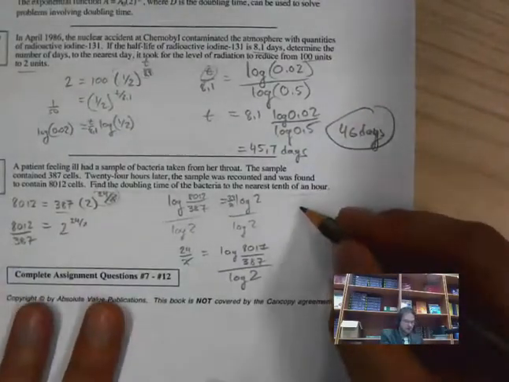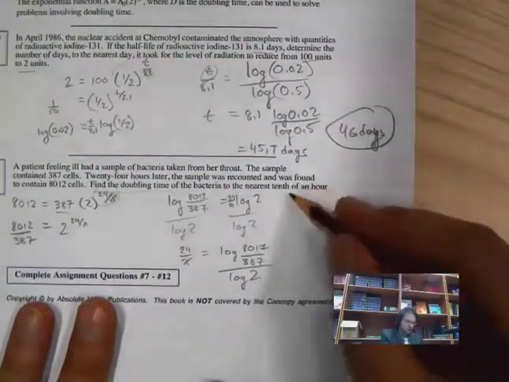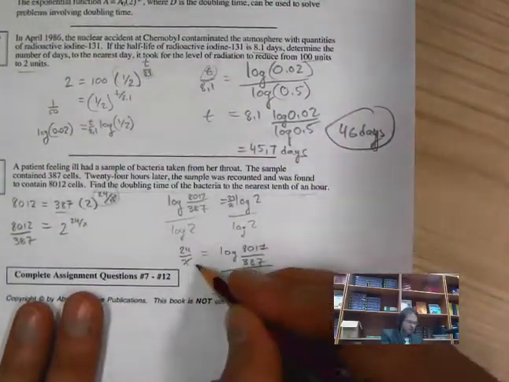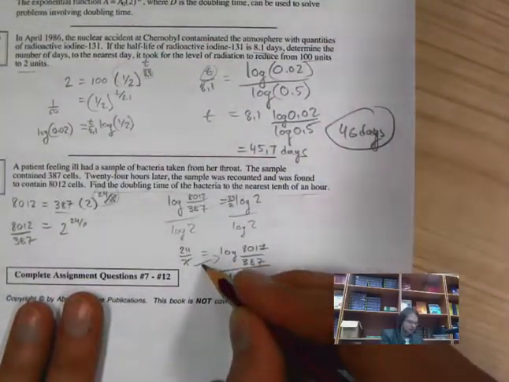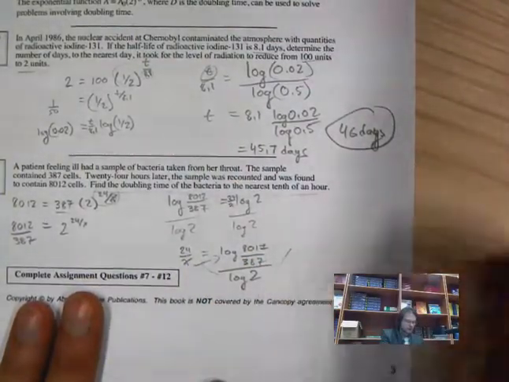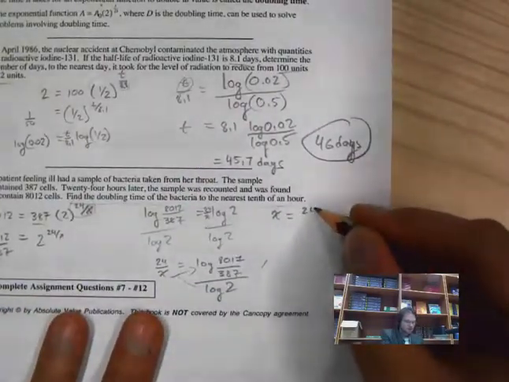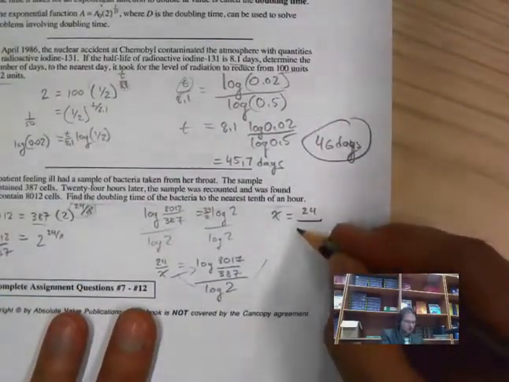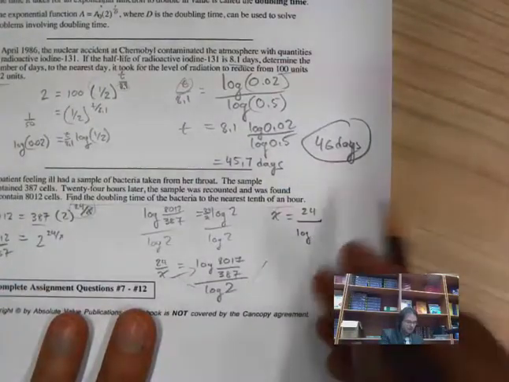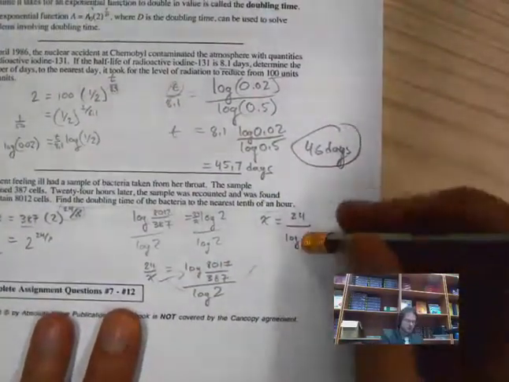This is going to give me the same thing. I'm going to have to cross multiply here. Put this on top and divide 24 by all of that. So I'm going to end up getting x is equal to 24 divided by log, or I could say multiply by log 2, divide by this, right?